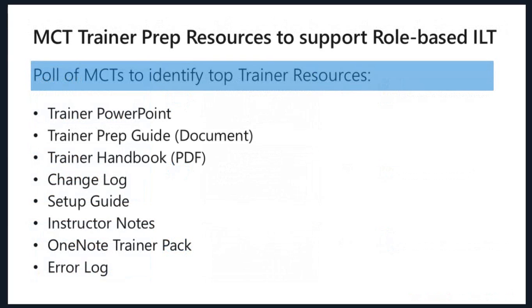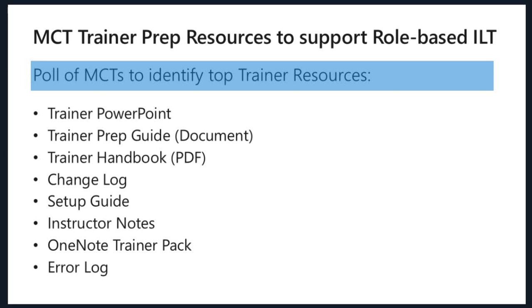Okay, my last slide is just to share with you that we are trying to assess, in an effort to both have a robust set of instructor materials for you, but also to streamline what we are providing to you in order to adhere to those tenets we have.